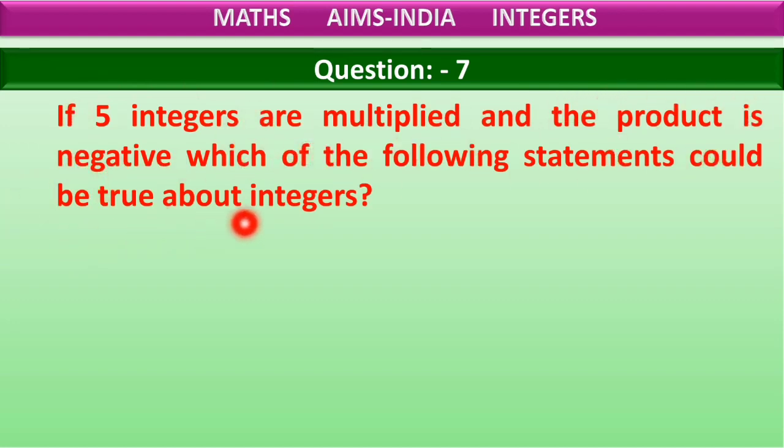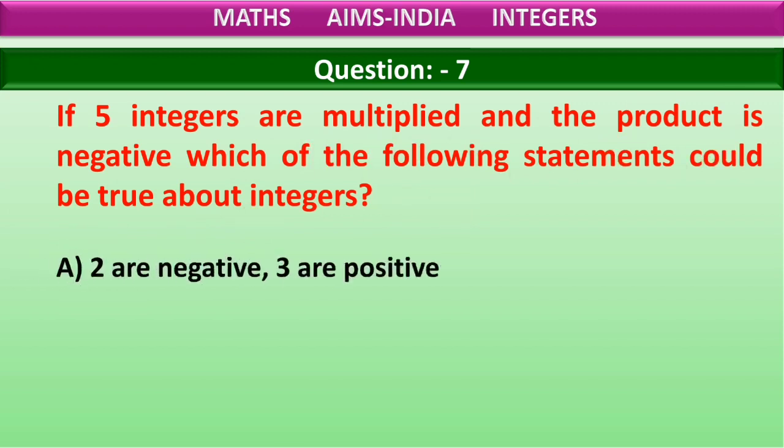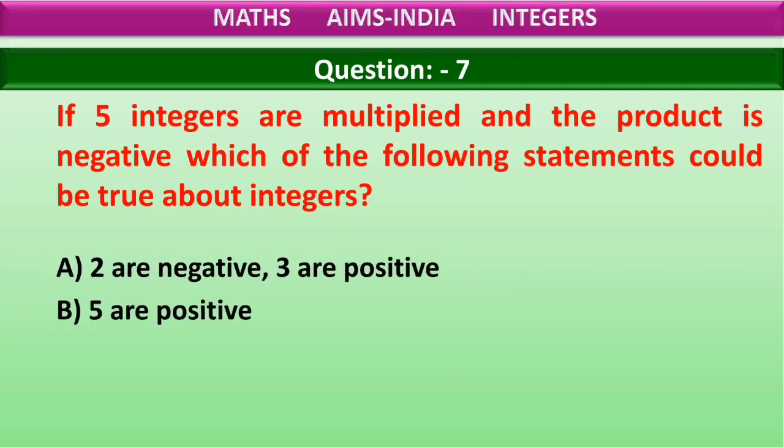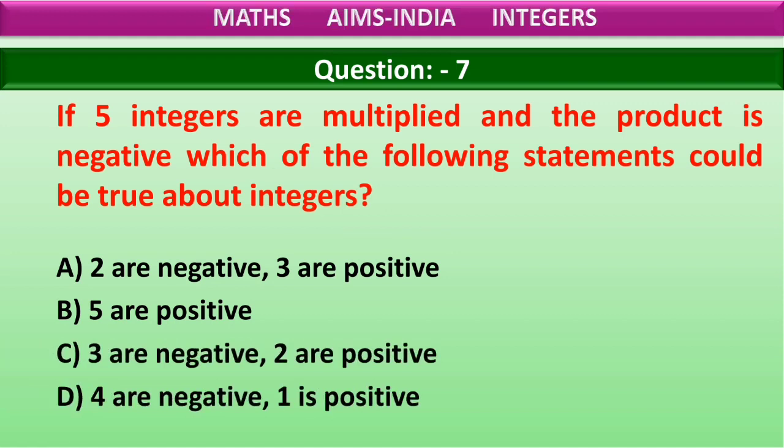Option A, 2 integers are negative and 3 are positive. Option B, all 5 are positive. Option C, 3 are negative, 2 are positive. Option D, 4 are negative, 1 is positive.